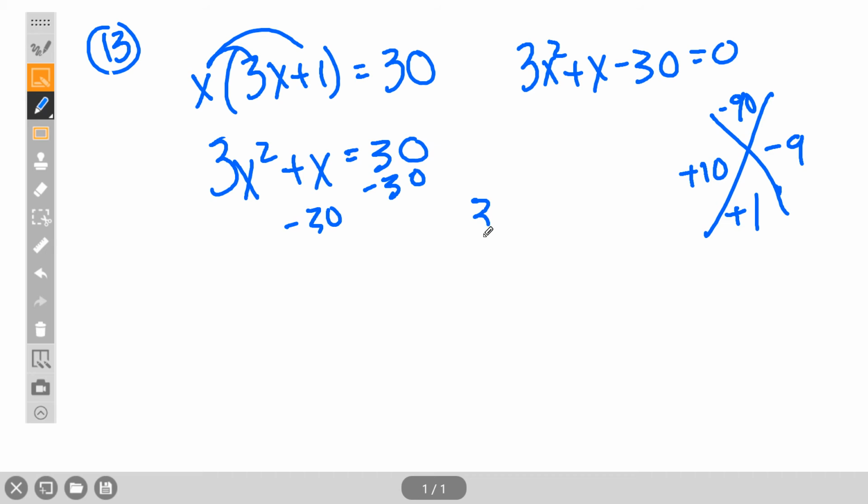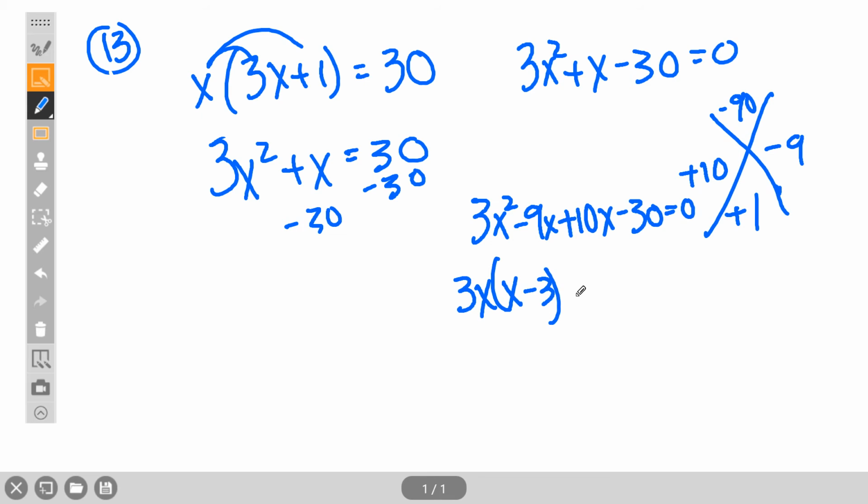Okay, so I can do grouping. So 3x squared minus 9x plus 10x minus 30 equals 0. And then factor the GCF out of the first two and the second two. So 3x is the GCF of the first two, leaving me with x minus 3. And 10 is the GCF of the second two, leaving x minus 3.